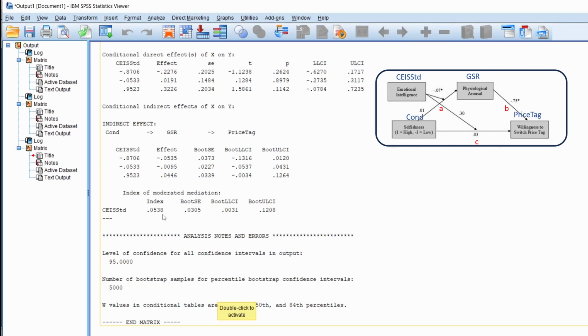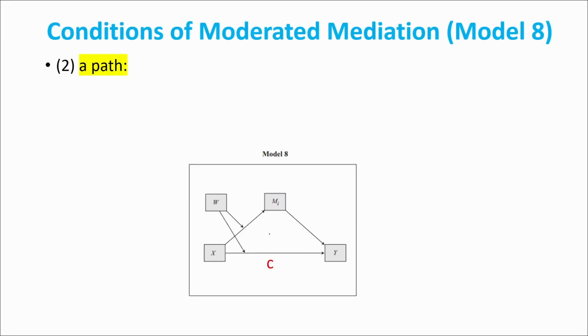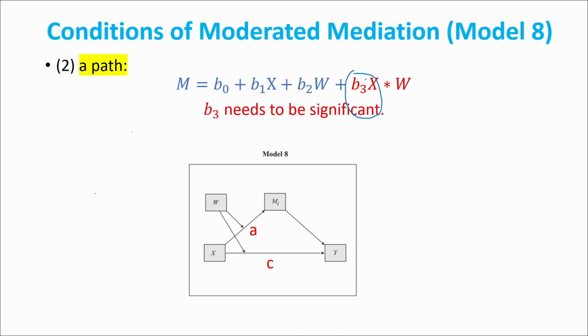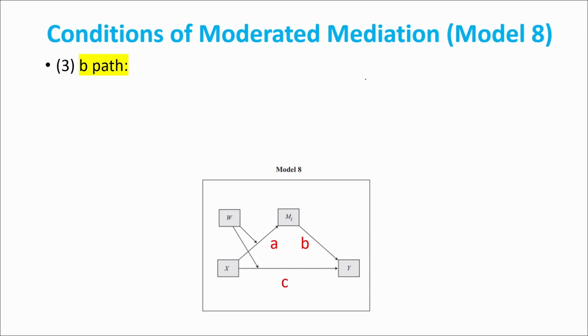This index is actually the regression coefficient in the A part, the interaction item, namely the B3, times the regression coefficient of the B4 in the B part.